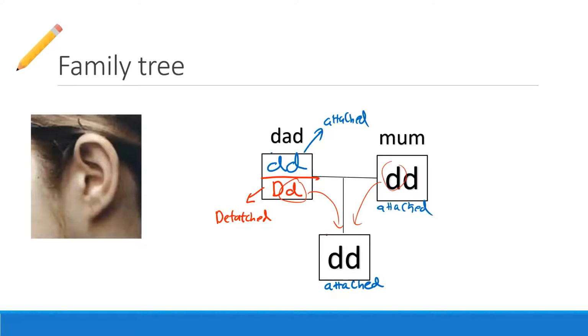Remember, for every parent, you have two copies of the chromosomes. Your chromosomes have two sides. You could give the one on the left or the one on the right.